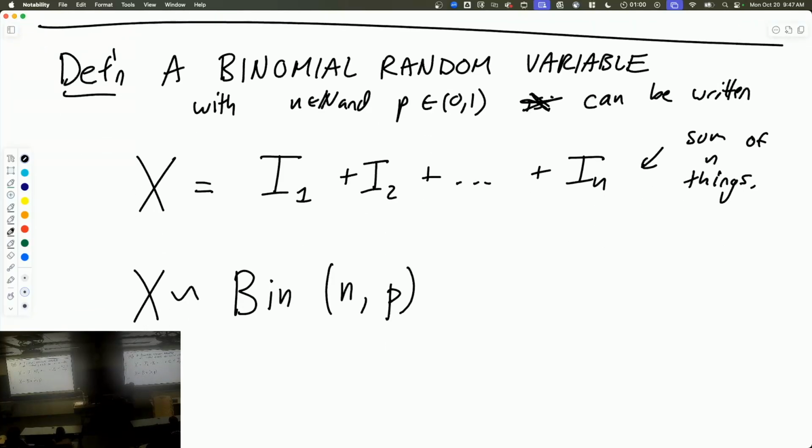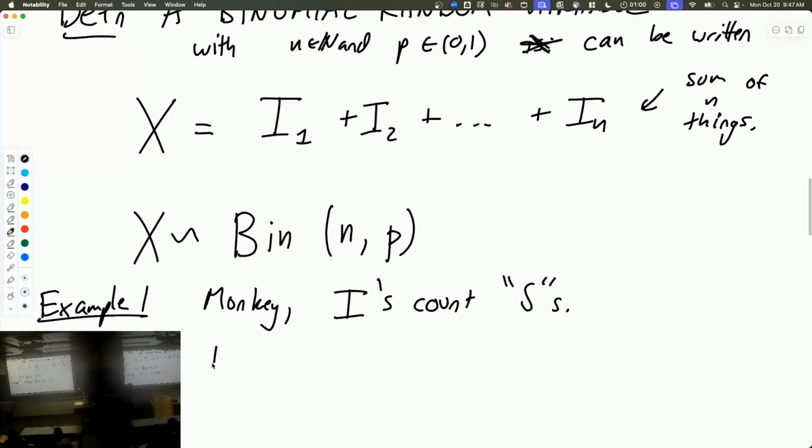Example 1, the monkey. I'm going to explain in more detail what the I's are in a second, but I think it's helpful to have the examples. In example 1, the monkey, the I's count the s's. And in particular, I1 is counting, is the first letter an S.